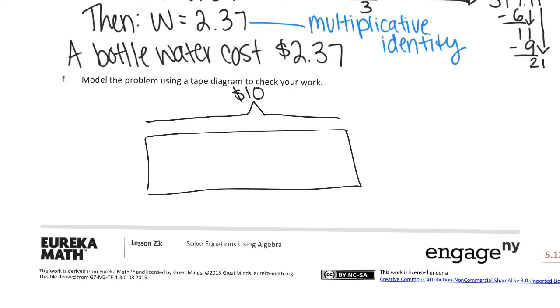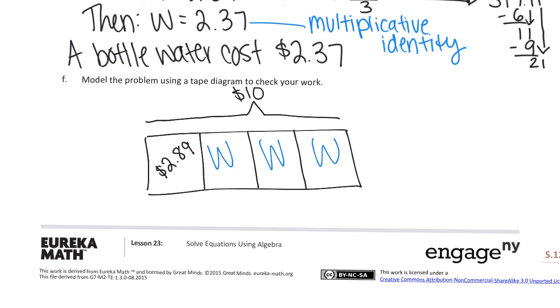Great. Now we know that our first cost for our ice cream was $2.89. And then we bought 3 water bottles that are of the same value. So we can just call them water, water, and water. Great.